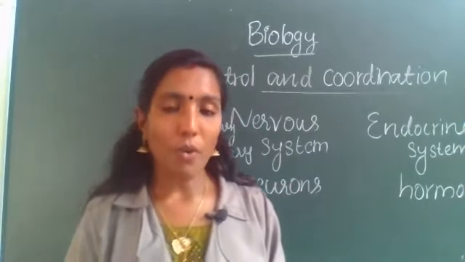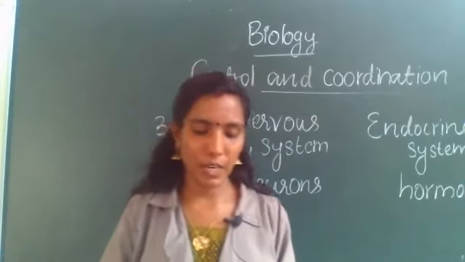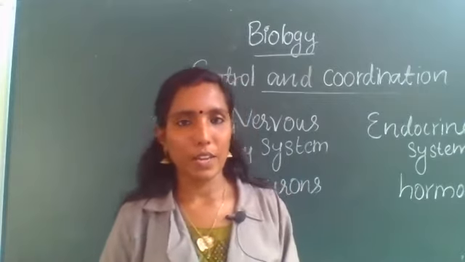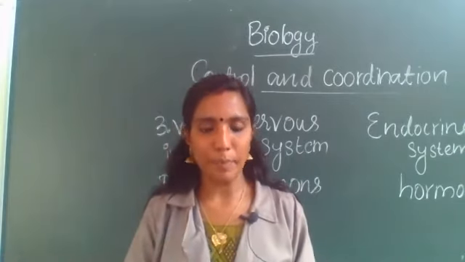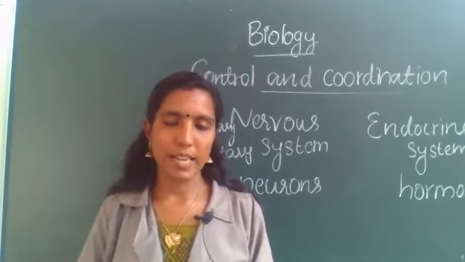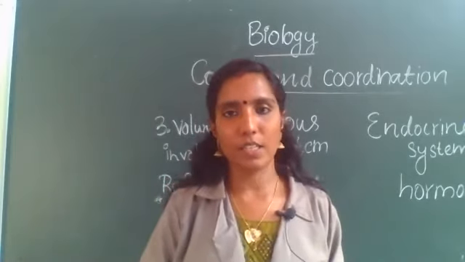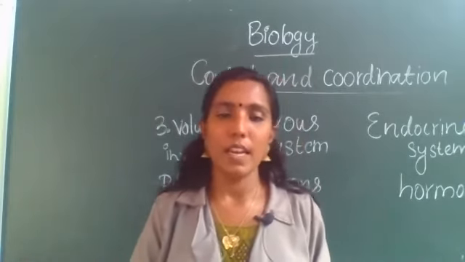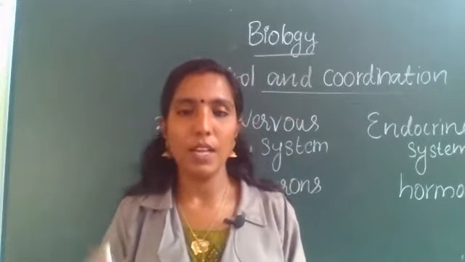The next one, olfactory receptors. Olfactory receptors are present in the nose that help us to identify smell. The next one, gustatory receptors, are present in our tongue, and they help us to identify taste. So what are the receptors present in our sense organs that we discussed now?